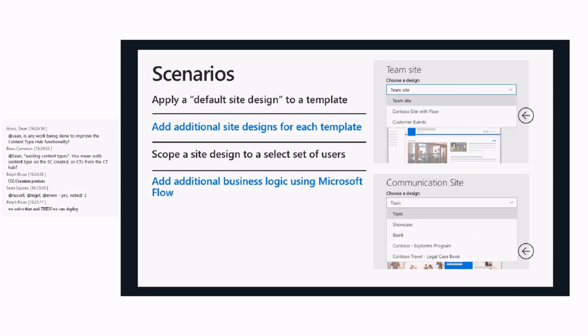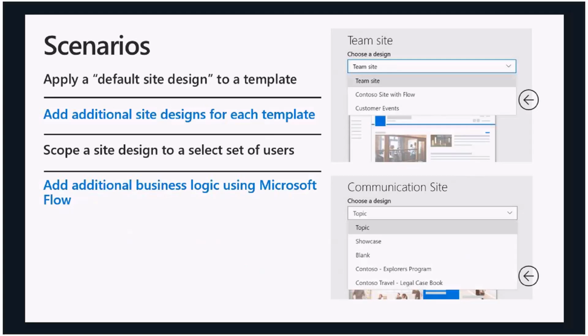Something we didn't really talk about yet, and which is an important asset, and I'm not sure if everyone will demo it, is that you can control who will see the actual site design. In this drop-down you see now the tree, but assume you have an HR site design or a legal site design.